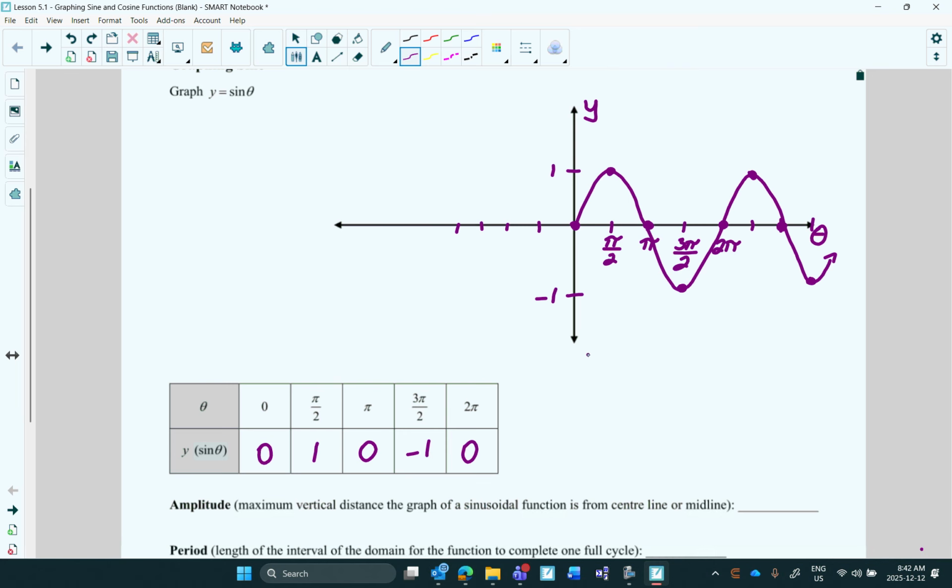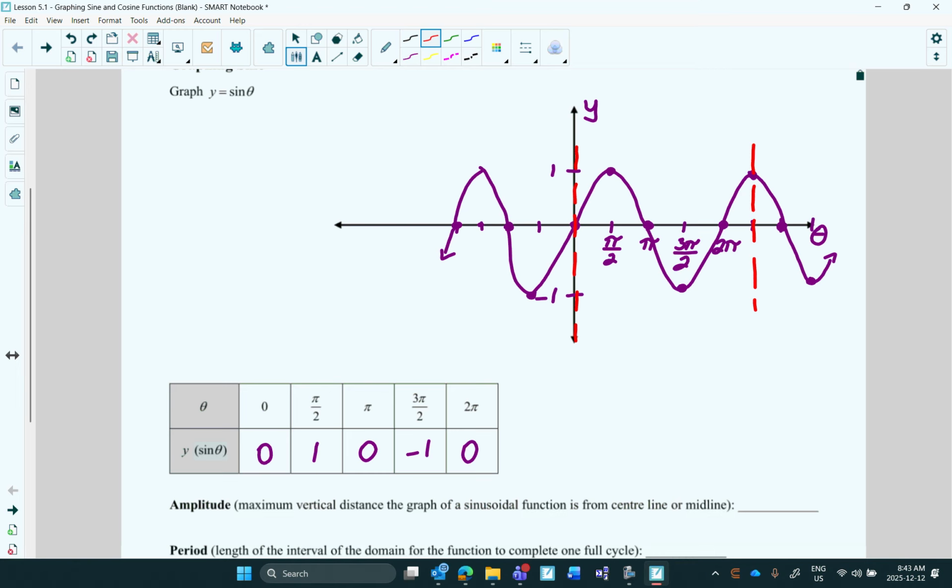Like if we did the sine of negative pi over 2, that's the same as 3 pi over 2, which is negative 1. So it just follows the pattern. Then it comes back to 0, goes back up to 1, comes back down to 0, and keeps going. So you can see it follows a wave pattern. It's a collection of waves.